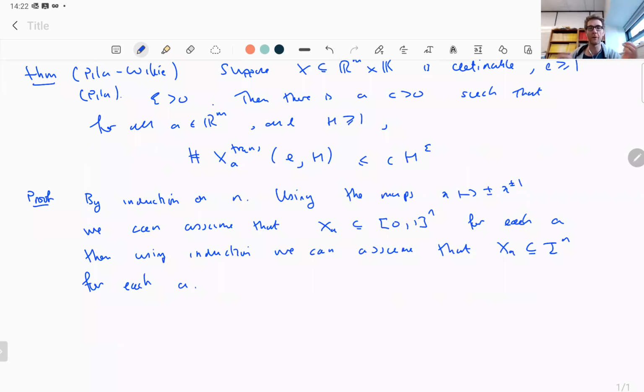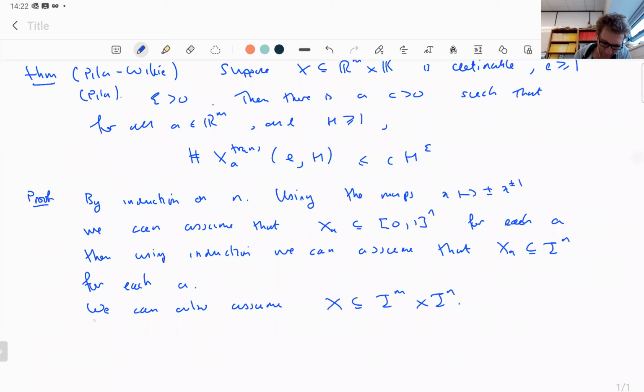And we can also assume that the parameter space R to the n is the interval or the box. We can also assume that x is actually contained in I to the n times I to the n. Okay, now, what do we do to start with?